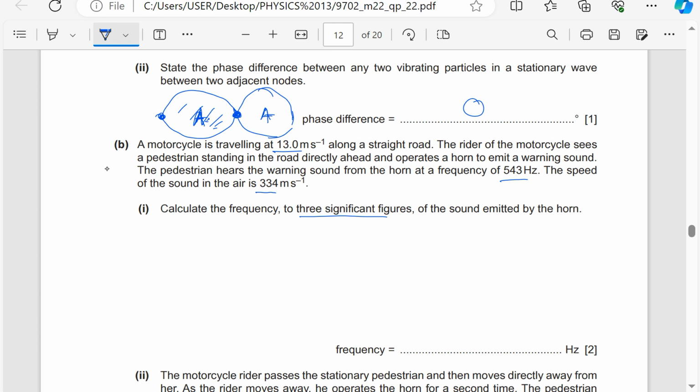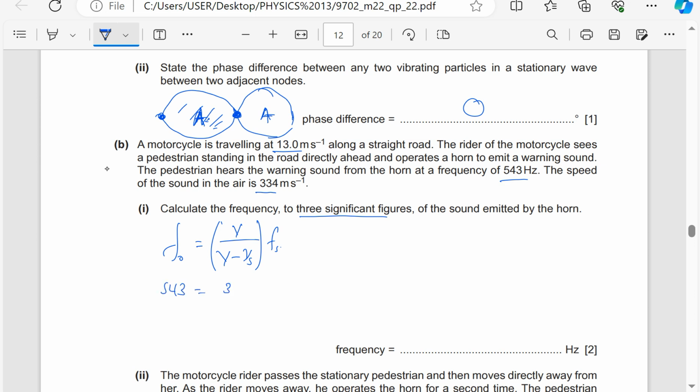So it's to three significant figures. So the observed frequency is going to be v over v minus vs, because it is moving towards. So this will be minus so that the frequency is higher, times the frequency of the source. So the observed frequency is 543.